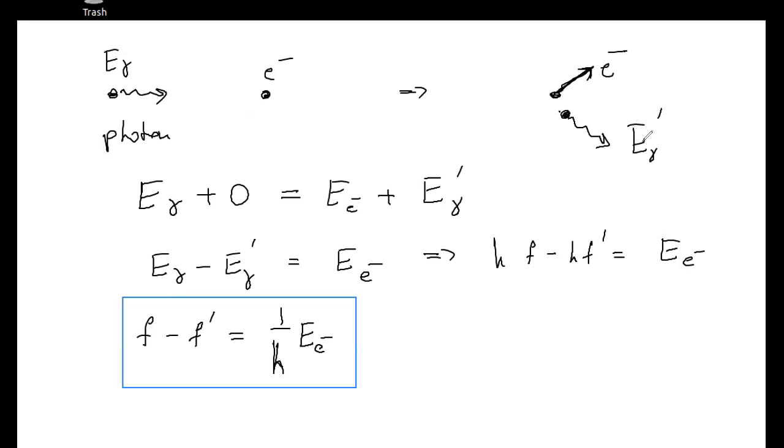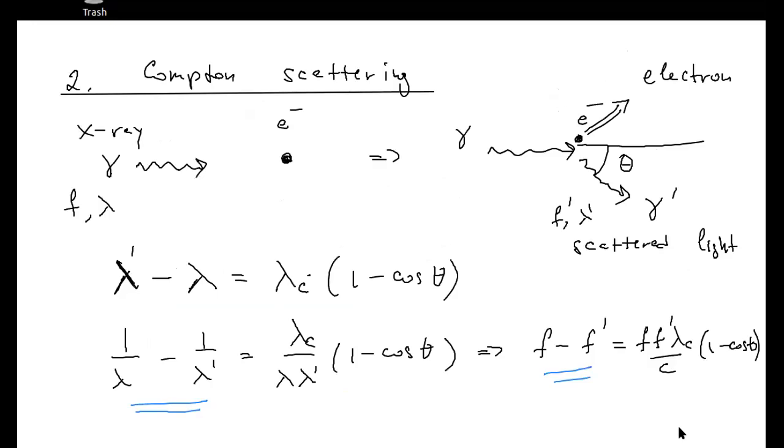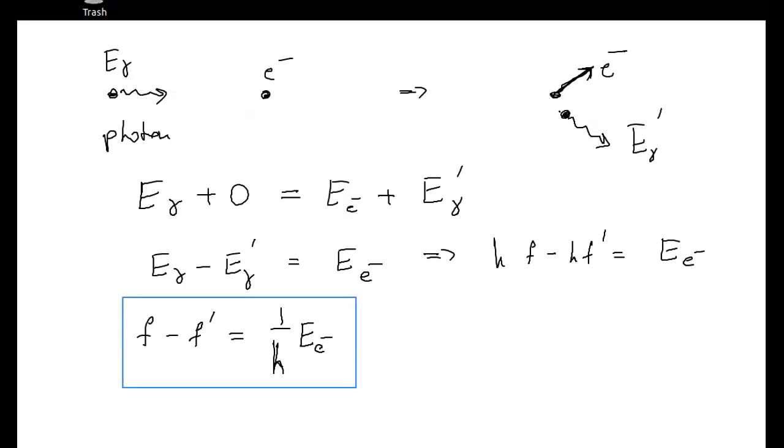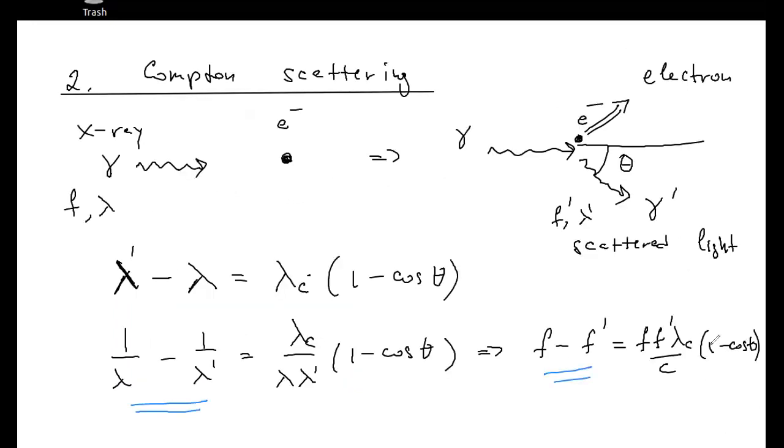So the energy of the photon should decrease. What can be more natural than this? But when energy is decreasing, that means the frequency should decrease. So then I can try to explain this phenomenon, the Compton scattering, by doing this. But this is not enough. We have to also explain the dependence on the angle.